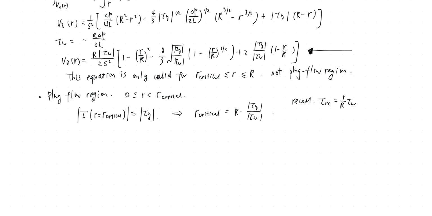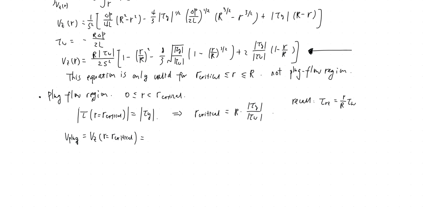That means the velocity plug is this velocity evaluated at R equals R critical. If this is not clear to you, you just need to sit down and think about it. Once you sort out the relation between these variables, you will be able to see why that's the case.